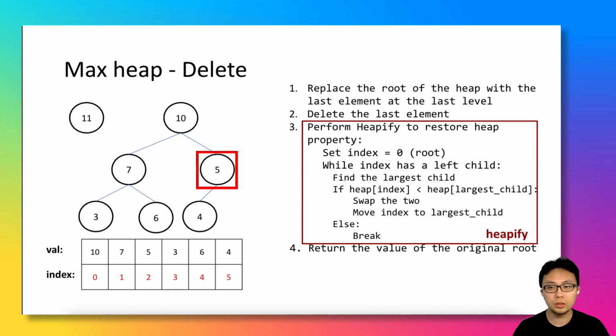So now the node of 5 has only one child, which is 4. 4 is smaller than 5, so 5 is at the right level, and we can stop here. In the end, you will return the value of the original root, which is 11. That's how the delete method works.